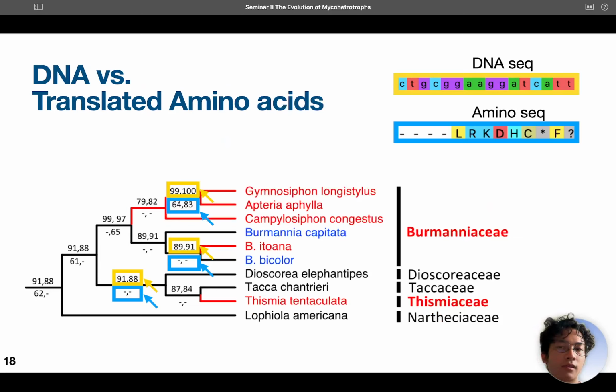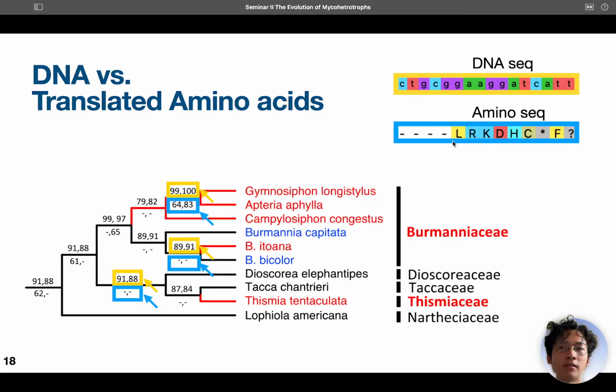And DNA versus amino acid did show that DNA gave a better result, because when you translate DNA to amino acid, it's not one codon per one amino acid. Like in this amino acid, leucine, I guess, it can be translated from not only these three bases, it can use other codons to translate into this.